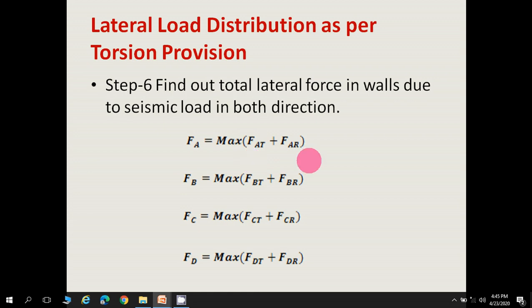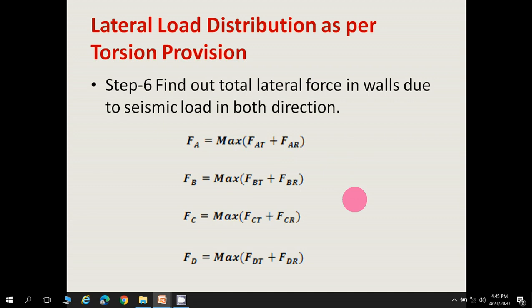So the value of FAR found here is plus minus something, and that value has to be added or subtracted. By choosing whichever is maximum, the addition value or the negative value, the maximum value will be chosen from here. So for wall A, wall B, wall C and wall D, all the values have to be found out, and these are the total lateral force in the wall due to seismic load.